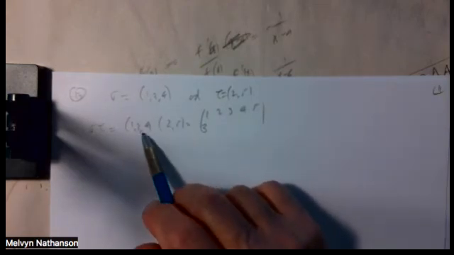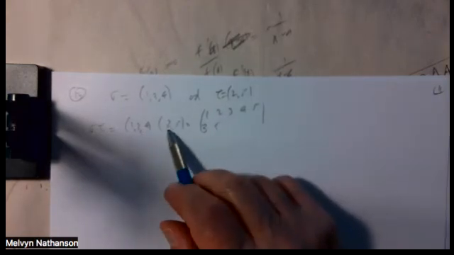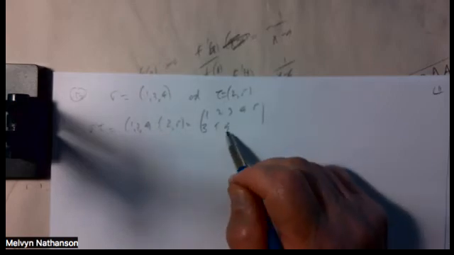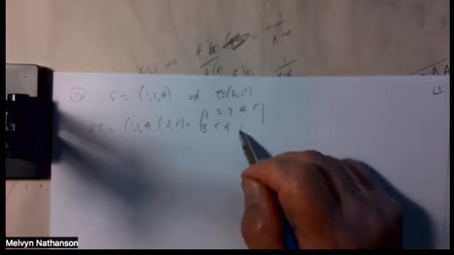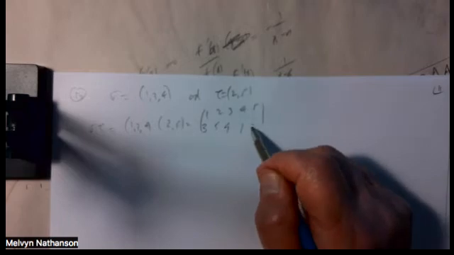This is a permutation that just involves the first 5 integers. This sends 1 to 3. This sends 2 to 5, and 5 goes to 2. 3 goes to 4. 4 goes to 1. That's sigma tau.